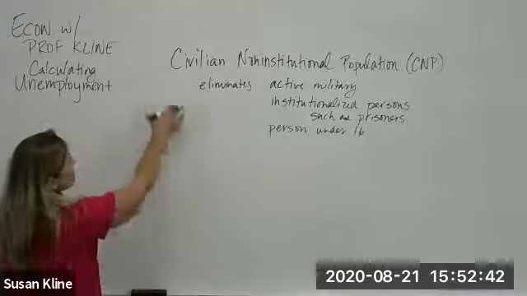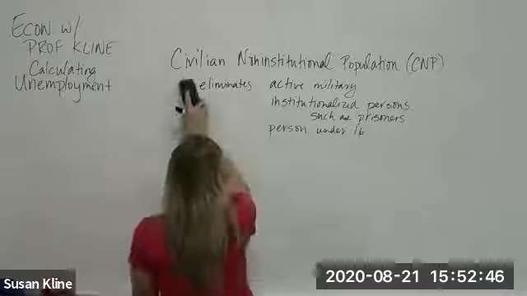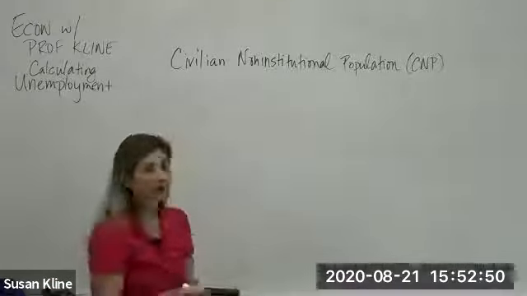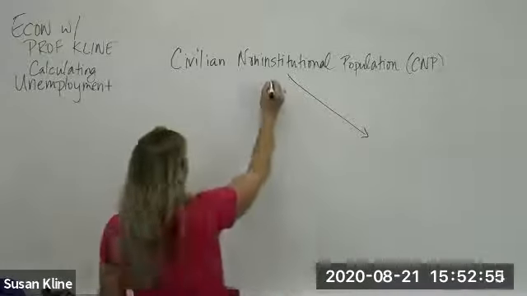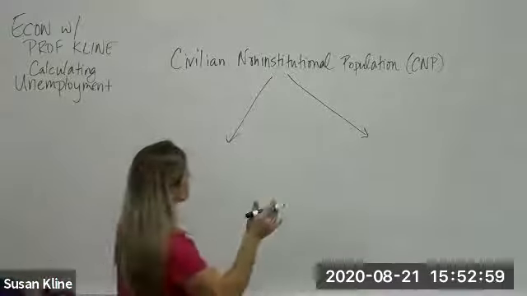Now, from the civilian non-institutional population, we have two possible states of being. And I'm just going to go ahead and show you the diagram that I think helps here, right? And so from the civilian non-institutional population, there are two possible outcomes.